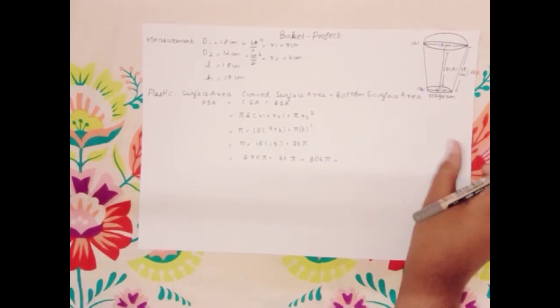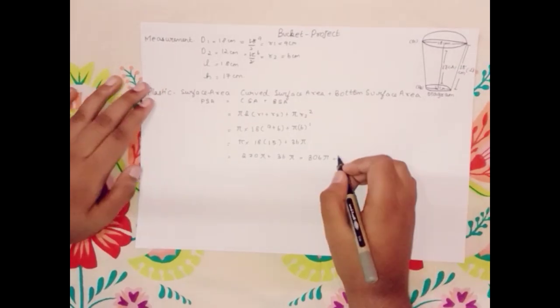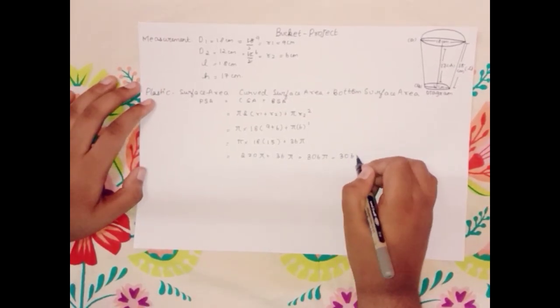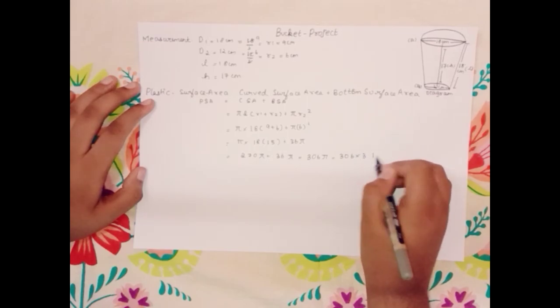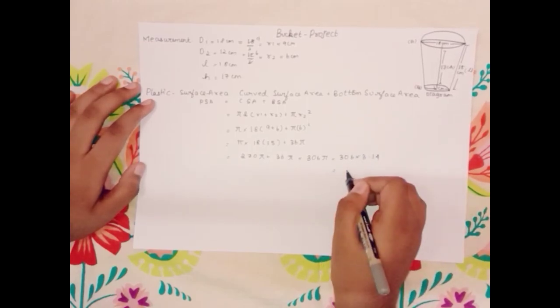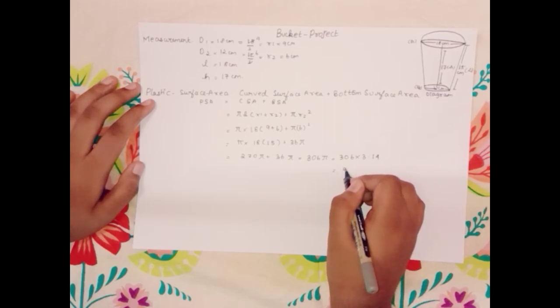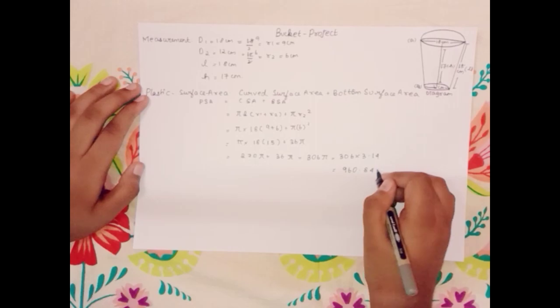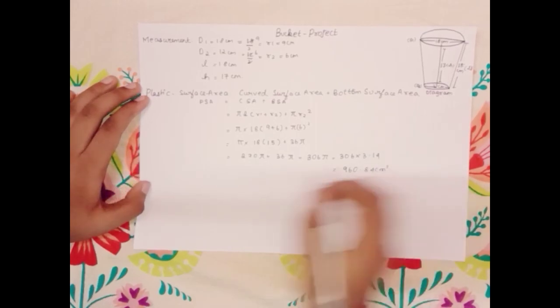Now let's substitute the value of pi, that is I am using here 3.14. Then 306 into 3.14. When we multiply this, we are getting 960.84 centimeter square.